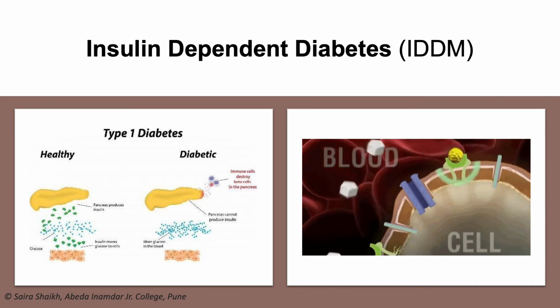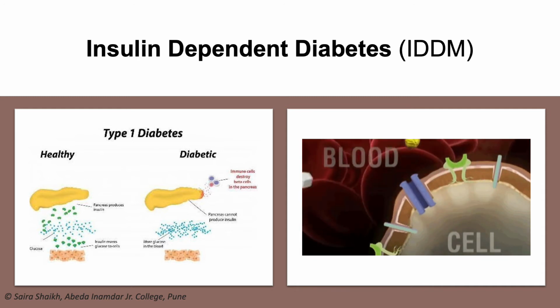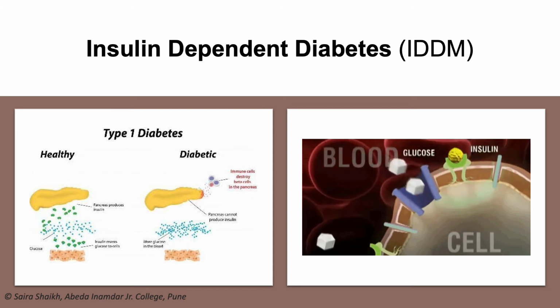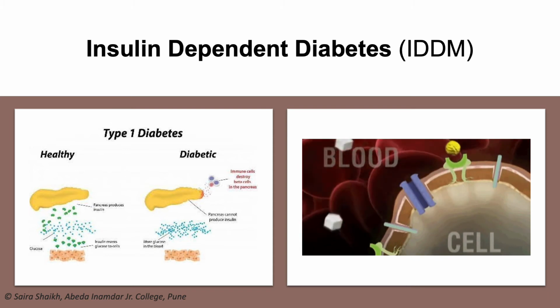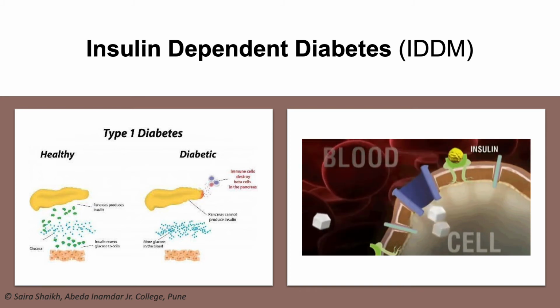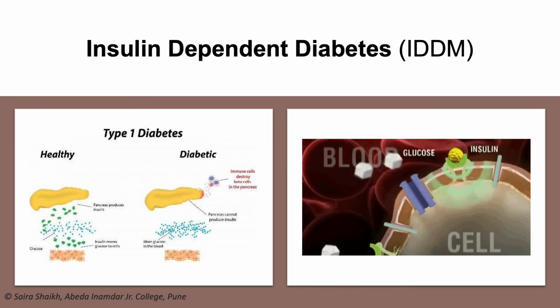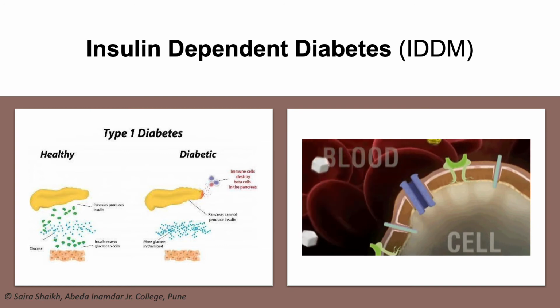People with type 1 diabetes must use insulin injections to control their blood glucose. Type 1 is the most common form of diabetes in people who are under age 30.